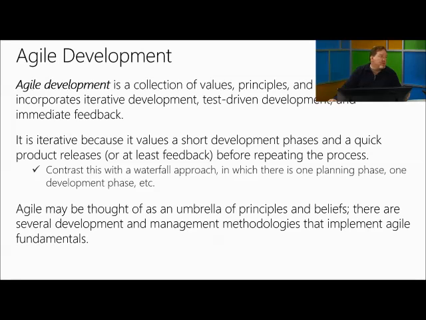This is in contrast with the waterfall approach, which has one planning phase, one development phase, et cetera. Now, Agile is just the umbrella of the principles. You actually have the implementations, which are like extreme programming or Scrum, and I think we'll talk more about Scrum in the coming slides.